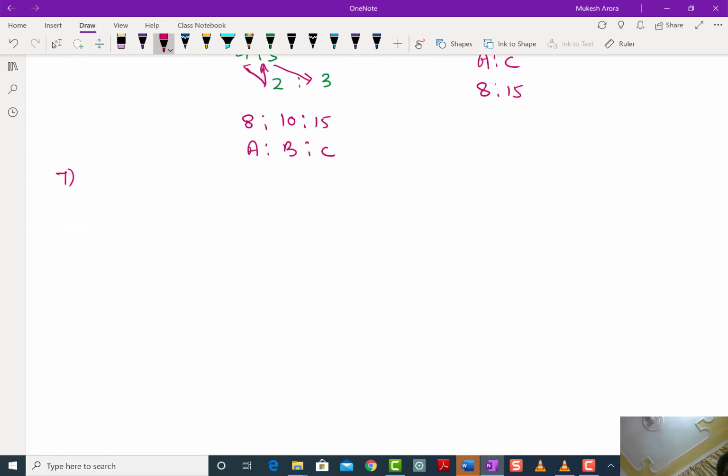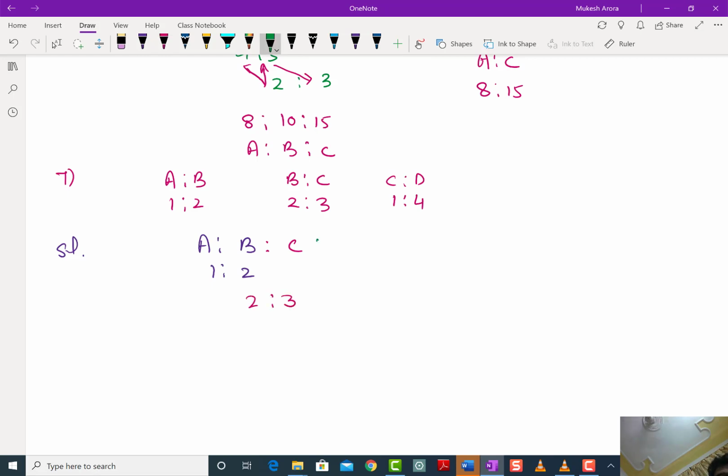If A ratio B is 1 ratio 2, B ratio C is 2 ratio 3 and C ratio D is again 1 ratio 4, whatever we want to find, first of all we'll write A ratio B is 1 ratio 2. Then B ratio C we'll write by 3.